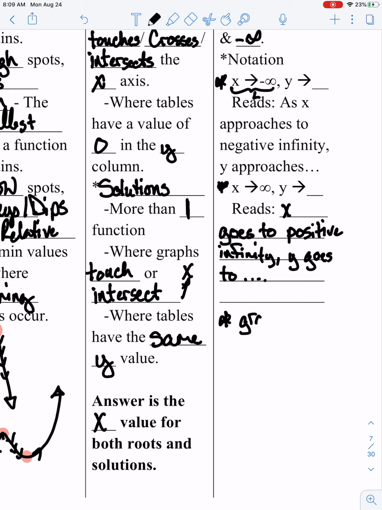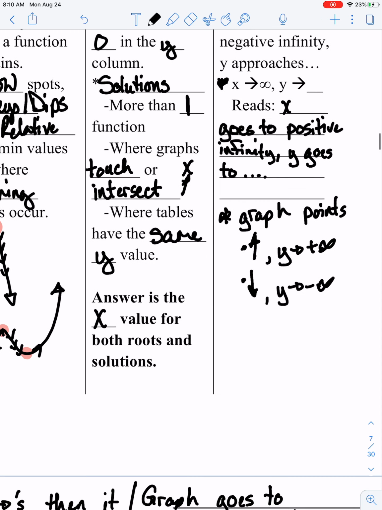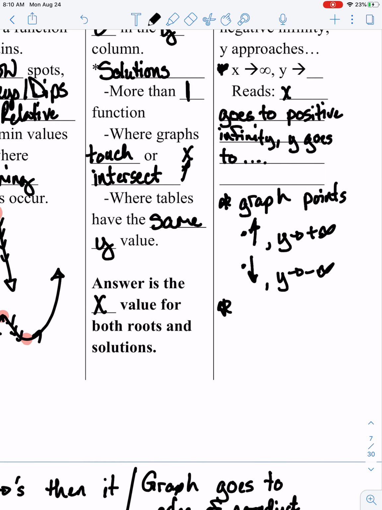If your graph points up, y goes to positive infinity. And if your graph points down, y goes to negative infinity. Later on, we'll also look at tables. You want to use big numbers. I'm going to say a different word besides big. I'm going to say extreme.